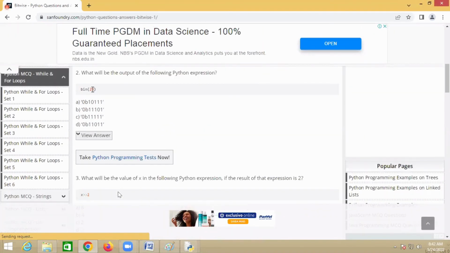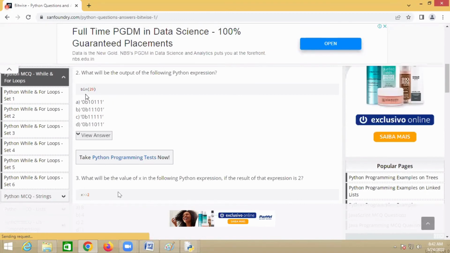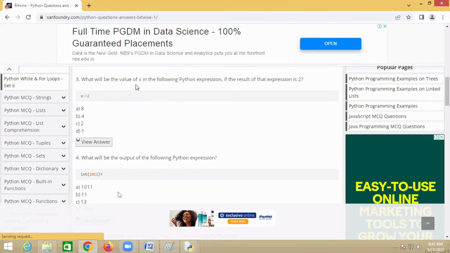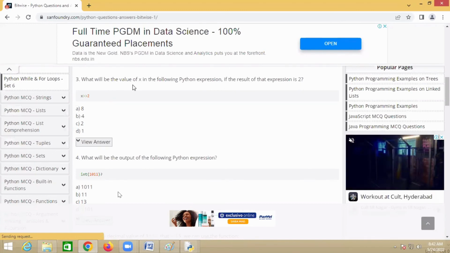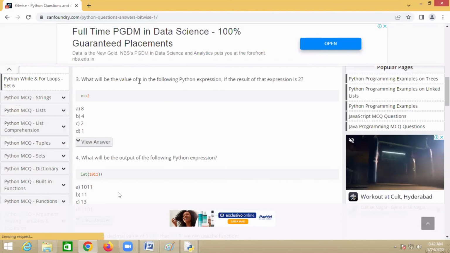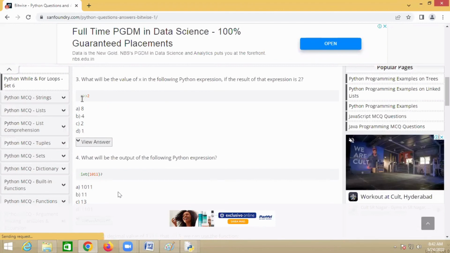Then binary of 29 means you have to convert 29 into binary. What will be the value of x in the following Python expression? If the result of that expression is 2, what will be the value of x? What is being asked?